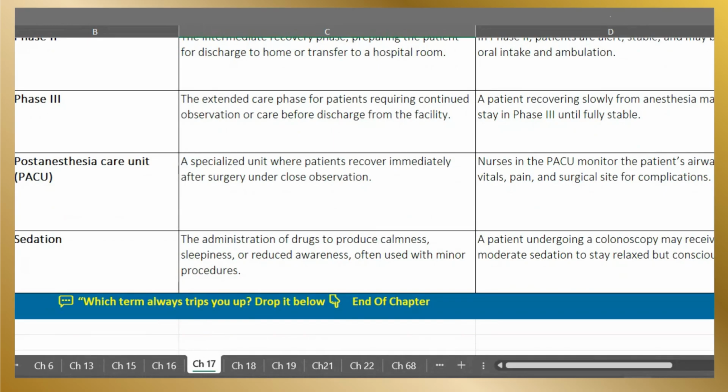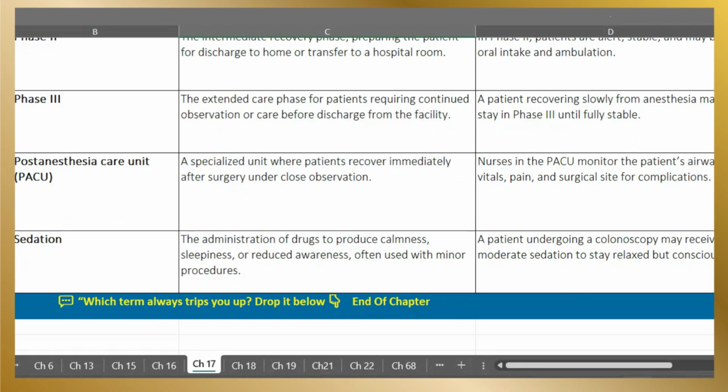Sedation is the administration of drugs to produce calmness, sleepiness, or reduced awareness, often used with minor procedures.